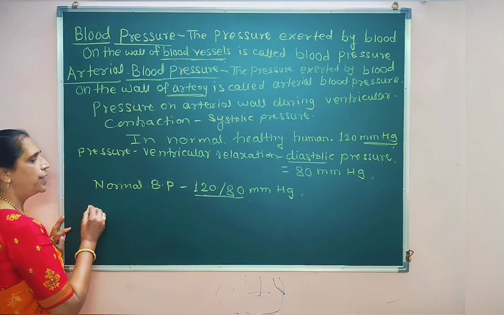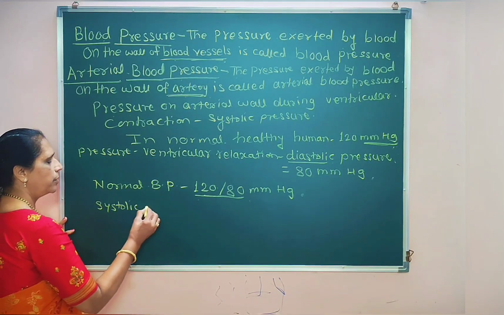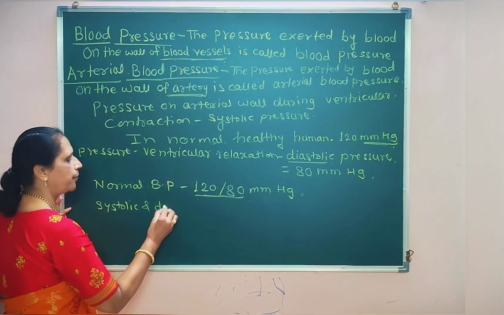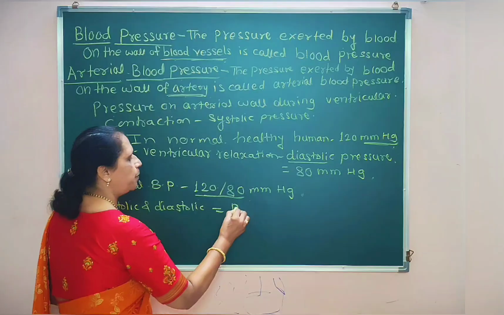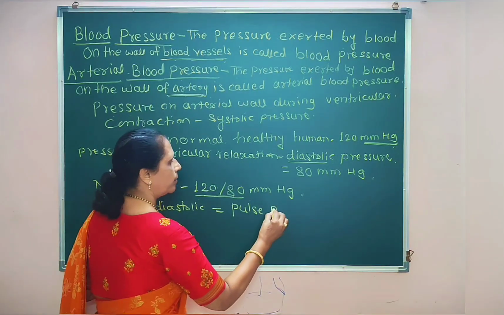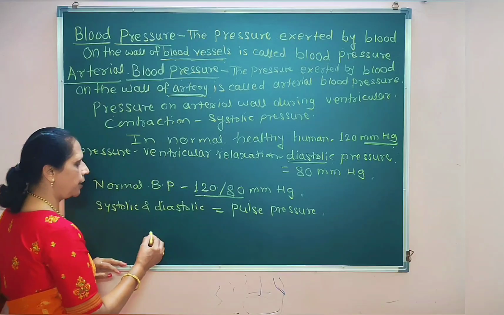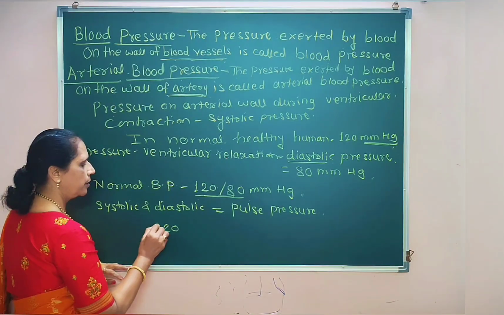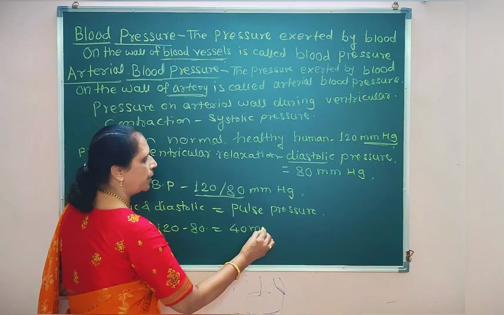Then the difference between the systolic pressure and diastolic pressure is called pulse pressure. So the pulse pressure is 120 minus 80, that is 40 mm Hg.